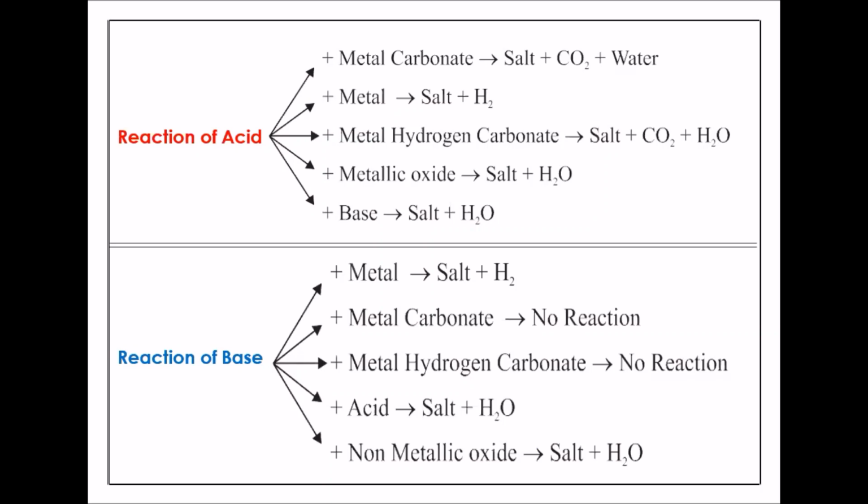And coming to the last, base plus non-metallic oxide. What is the nature of non-metallic oxide? Yes, it is acidic. Base plus non-metallic oxide gives rise to salt plus water. So we have completed the chemical properties of acids and bases, and in our next lecture, let us learn about pH.